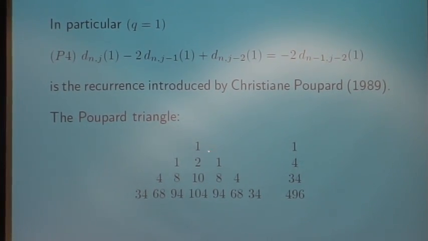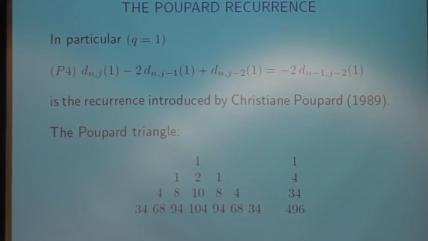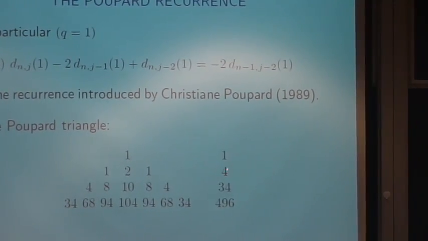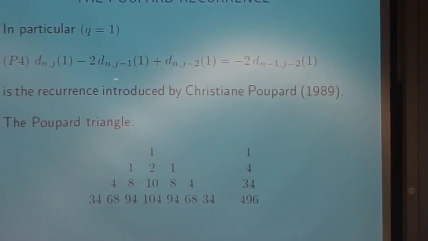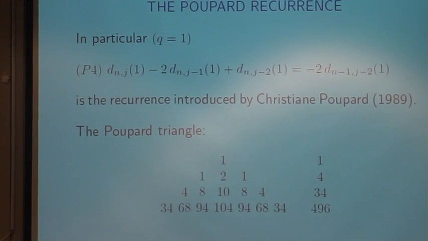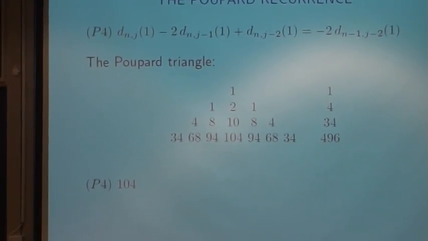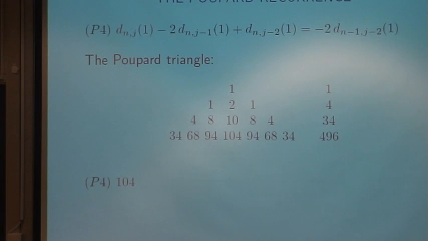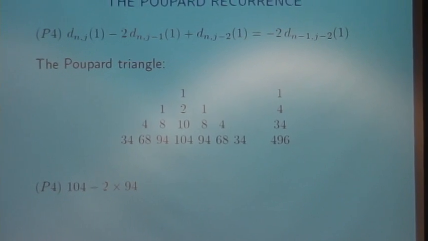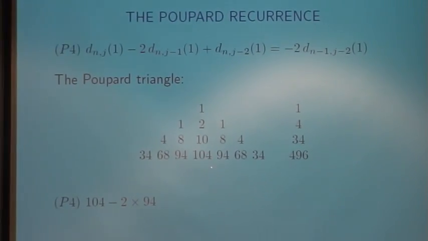And you see the sum in each row is this. You have the reduced tangent. So this is simple enough. I will illustrate in a moment the Poupard triangle. You have 104.